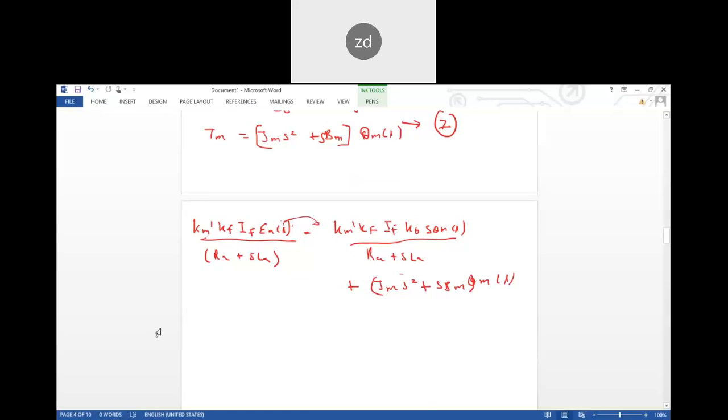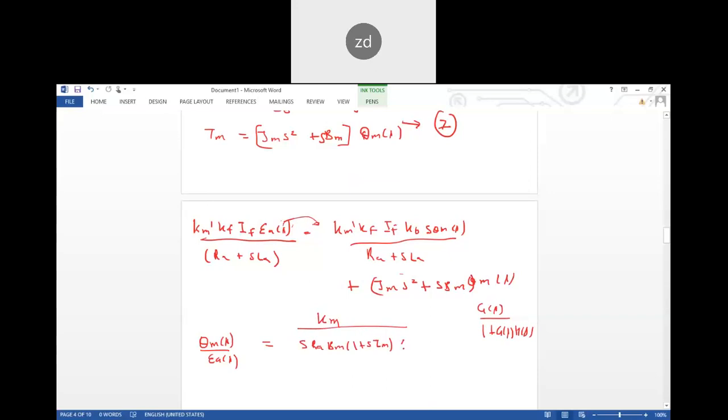Once I open this equation, I get the final equation in the form of theta m(s) by Ea(s). So I can rearrange this equation and write it in the G(s) over 1 plus G(s)H(s) form. I can write it as Km over s Ra Bm (1 plus sTm), same thing as before, where Tm was equal to Jm by Bm.